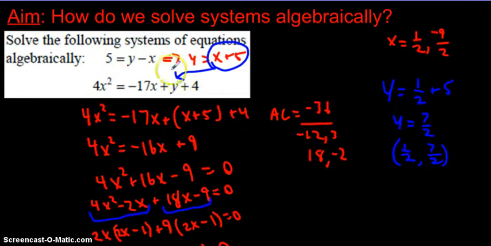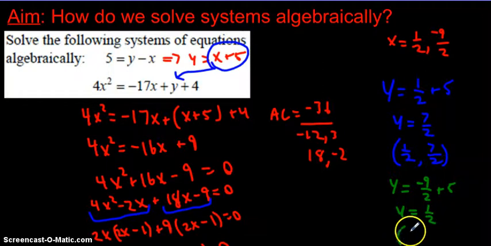And the other solution will be when y is equal to negative 9/2 plus 5. That's 10/2, so y is equal to 1/2.